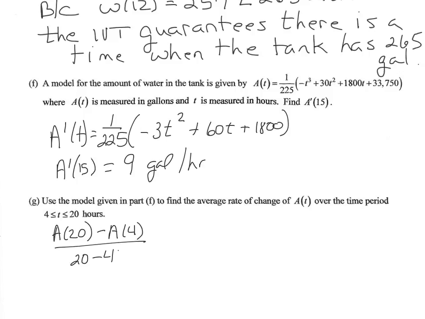You'll probably get a decimal approximation. If we went back and looked at the other one where we used the table values, we had 143 divided by 16, and that was 8.938 gallons per hour as a decimal approximation. So they're close, but they weren't exactly the same.